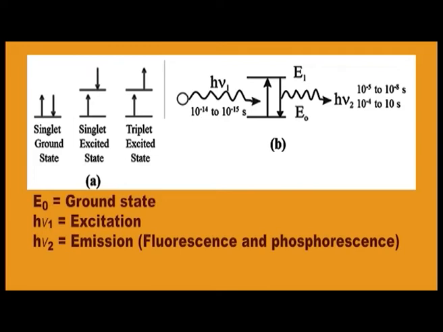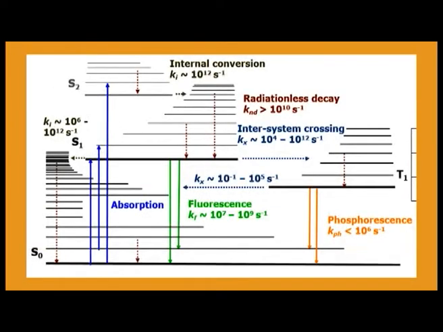So, here some terms also need to be understood. These terms are absorption or excitation. We are following these terms one by one. Absorption or excitation: upon absorption of light, a chromophore is excited to some higher vibrational energy level of the singlet excited state S1 or S2.